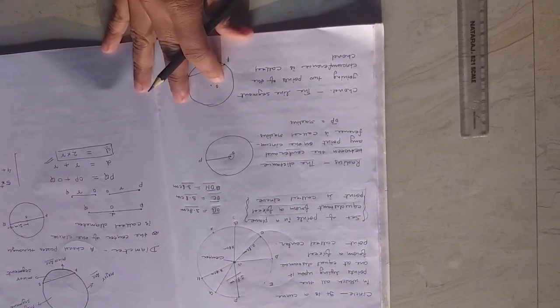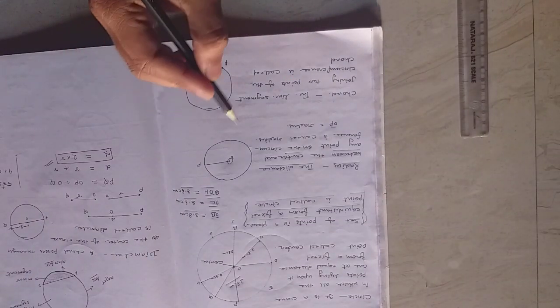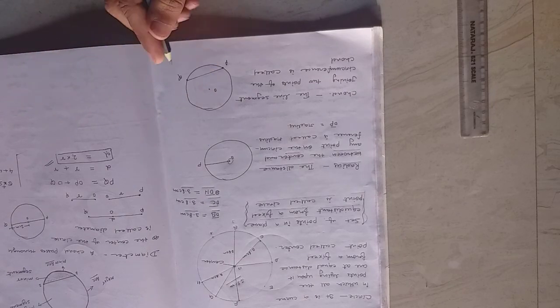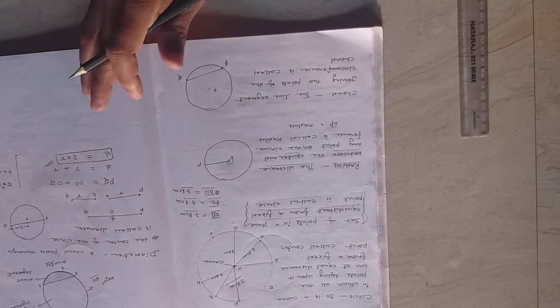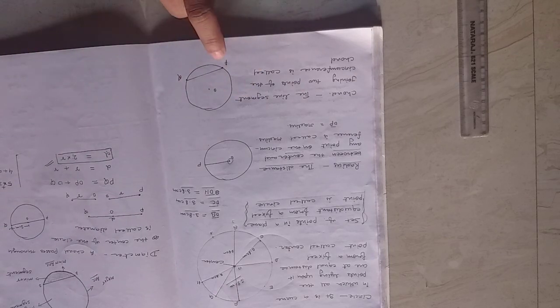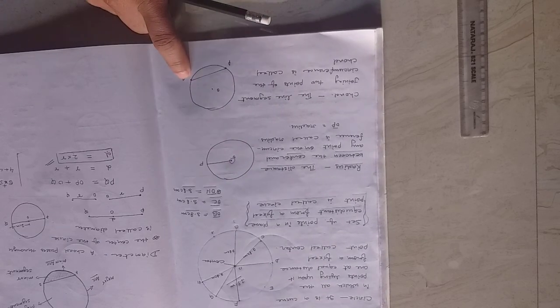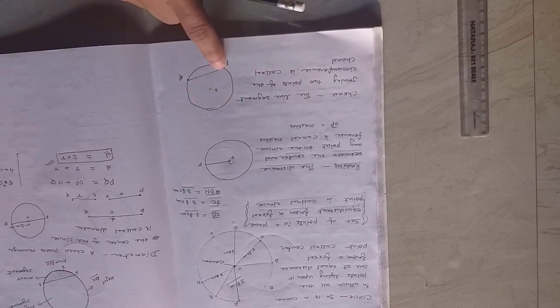Now the next thing is the chord. What is a chord? If you have a circle, you choose any 2 points on it. Here I have drawn a circle, and I have chosen 2 points on the circumference, P and Q, and joined them. So PQ will be called a chord of this circle.